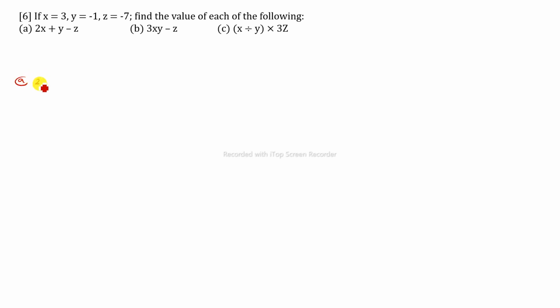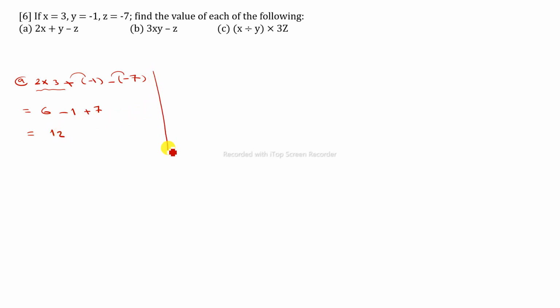Letter A: 2x plus y minus z. x تساوي 3، plus y negative 1، minus z negative 7. هنا طبعا 2 times 3 هنحسب المالتبلاي أول شيء، 2 times 3 is equal to 6. بعد كده plus negative 1، positive times negative is negative. وهنا negative times negative is positive 7. 6 minus 1 is 5. 5 plus 7 is equal to 12.